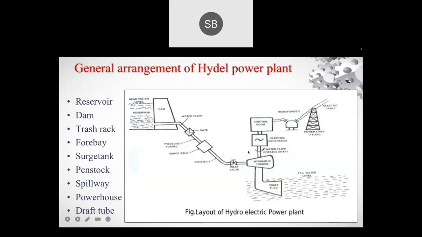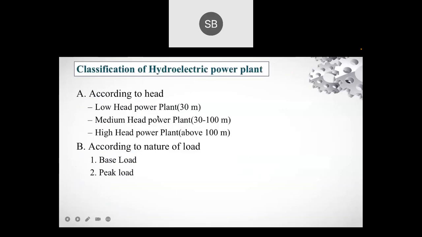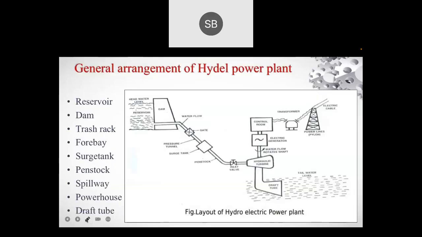So these are the main components. You already studied these components. This is the general arrangement of the hydroelectric power plant, in which we convert the potential energy of the water into electric energy. The conversion happens from potential energy to kinetic energy first of all.